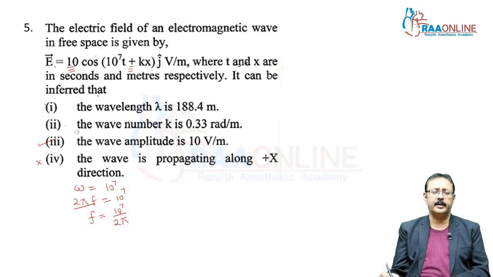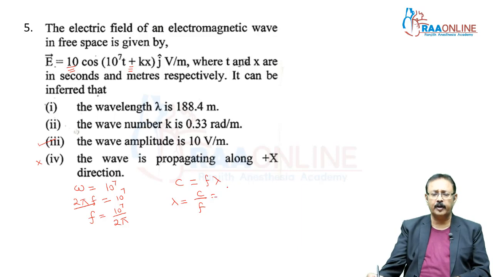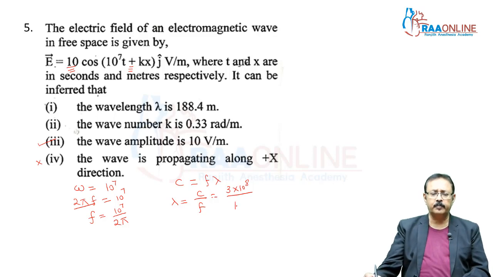By frequency, you can calculate lambda because we know the speed of electromagnetic waves. So C is equal to F lambda. So lambda we can calculate as C by F. What is C? 3 into 10 to the power 8. What is F? 10 to the power 7 by 2 pi.